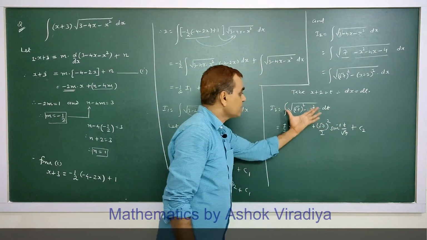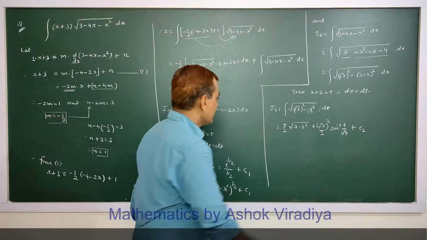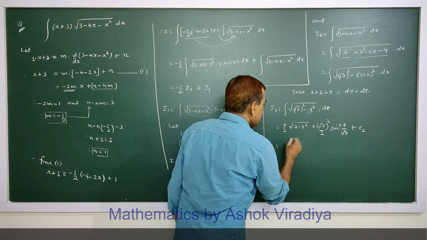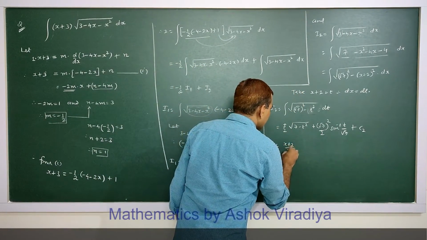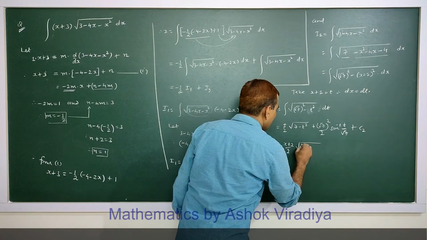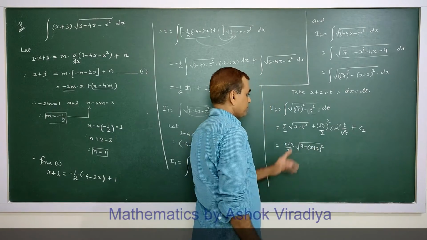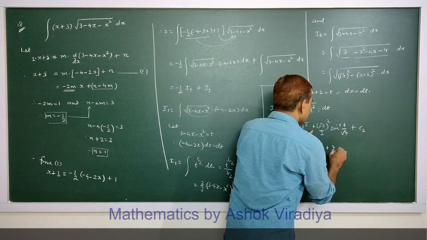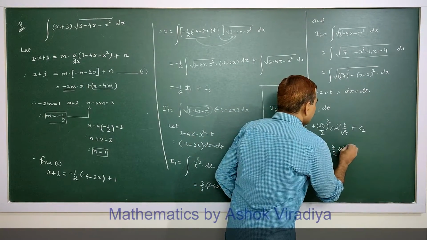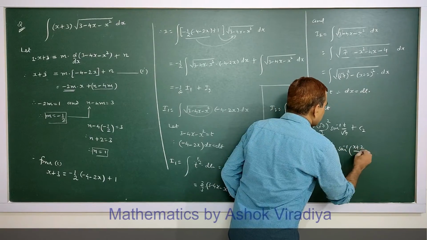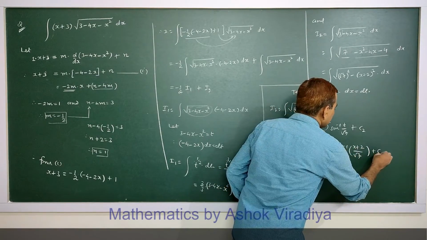We worked on this formula. So it is equal to, with t as x plus 2, x plus 2 by 2 square root of 7 minus (x plus 2) square plus 7 by 2 sine inverse of x plus 2 by root 7 plus c2.